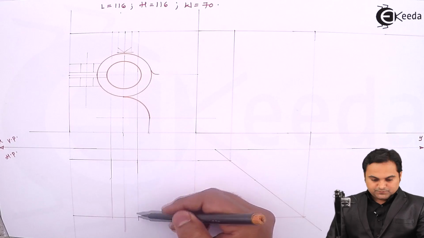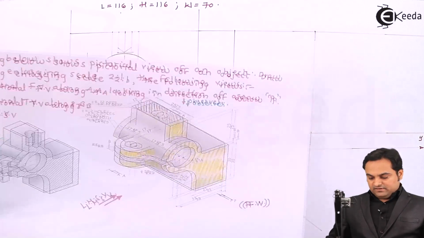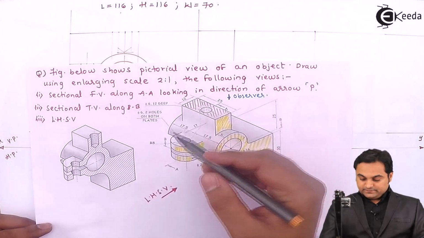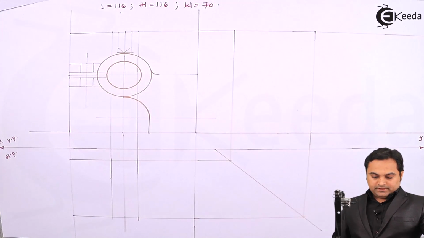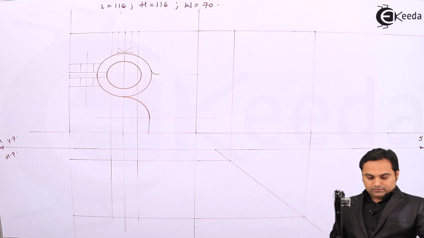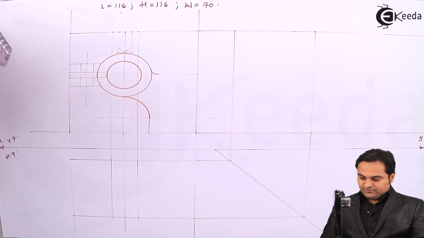Then here the width of this portion is 50 mm, and when I'm looking from top, about the center line the object is symmetric. So first I'll take the center here into the top view, that is taking half of the width.